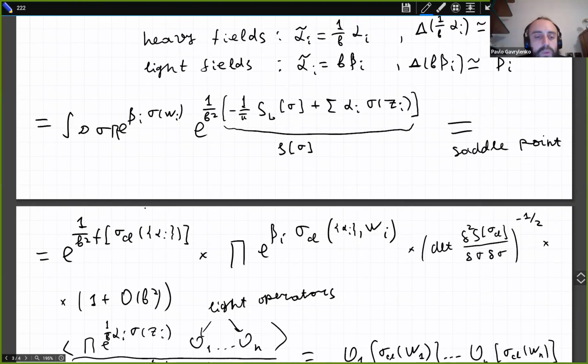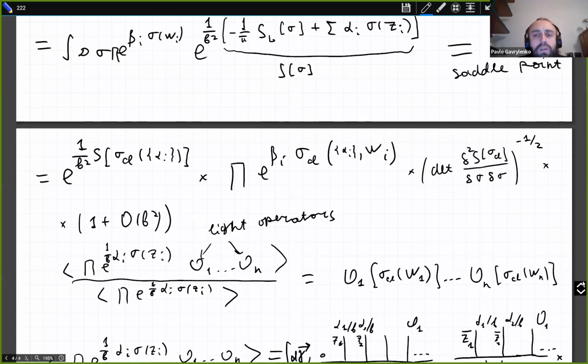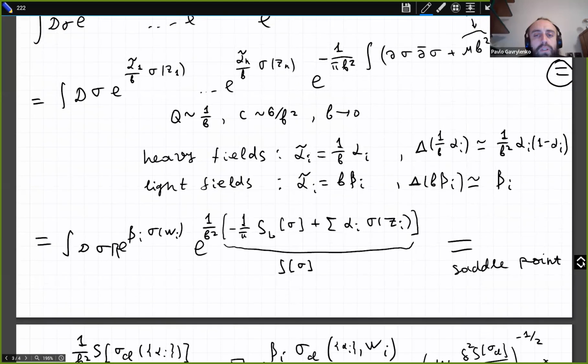Let us use some notation s small, or maybe just s. We change it. Right, it's only in 2 places.